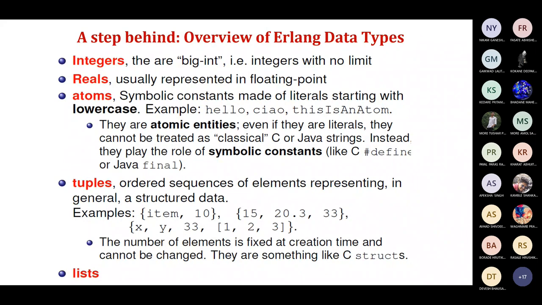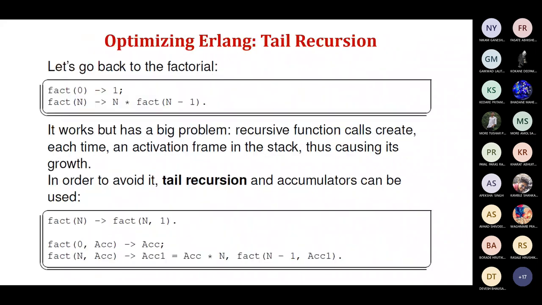Okay. Now let's talk about tail recursion. We have seen the factorial code. We have already written this code: fact of 0 is 1 and fact of n is n into fact of n minus 1. Now we had seen that this code had some problem.